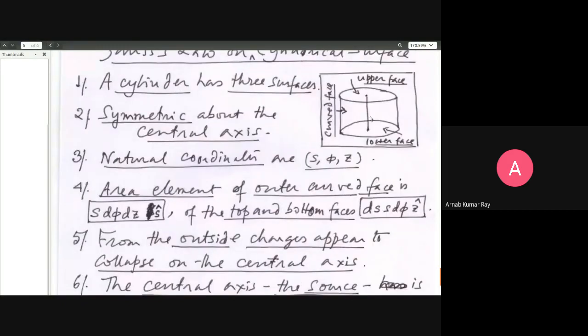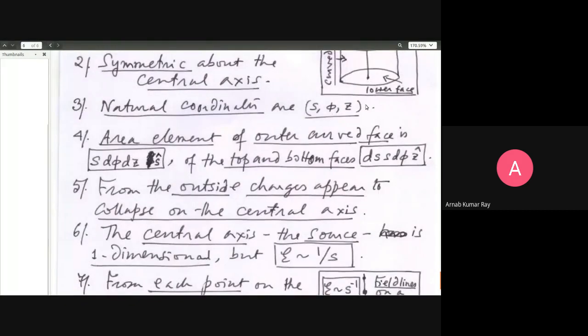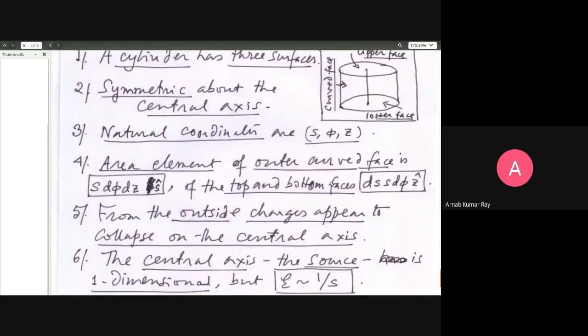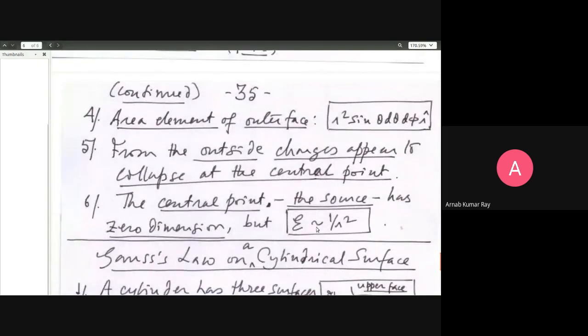The source of charges is this axis now. And what is the dimension of an axis? It's a line, a one-dimensional object. But the electric field will fall off as 1 upon s. You notice something? If the source is 0 dimension, the electric field will fall off as 1 upon distance squared.